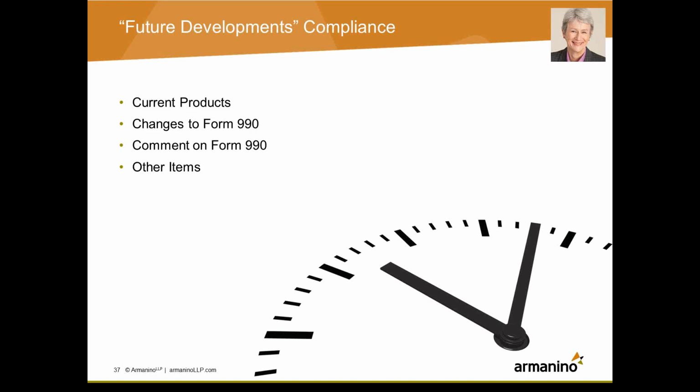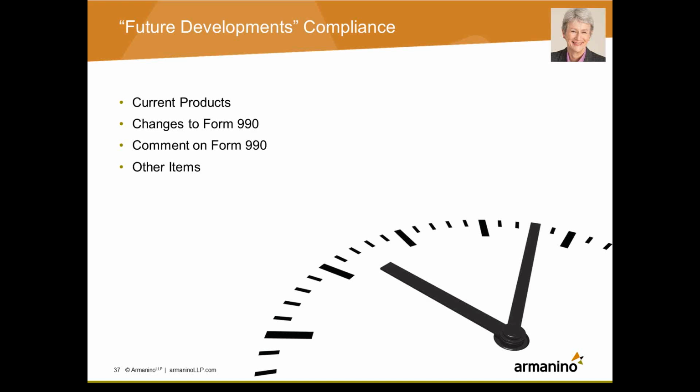It will take you to a page where the IRS has put 4 different categories there for our reading pleasure. The first being current products, so you can look at the current forms. And then what's right below that are changes to whatever form it is. And so in our case, it would be changes to Form 990.